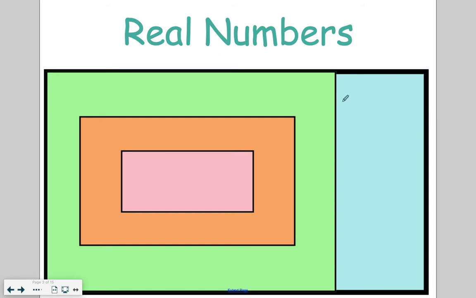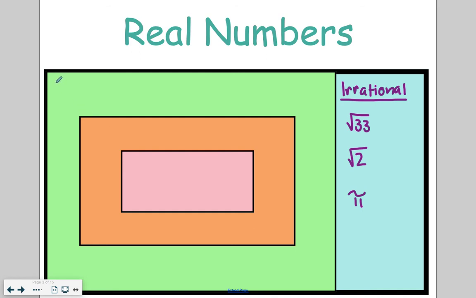Over here in this blue area, that would be where our irrational numbers live. So these are the numbers that cannot be written as fractions. So the square root of 33. Another example would be the square root of 2. You all know about pi being an irrational number. So these are the ones that live over here that don't have a repeating decimal. All of those are the irrational numbers.